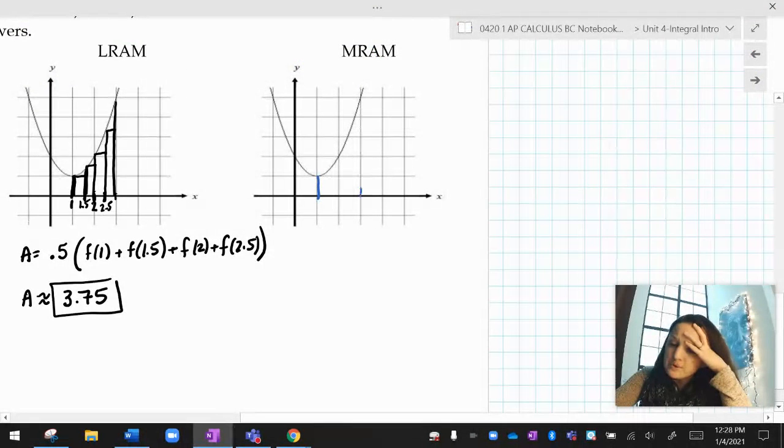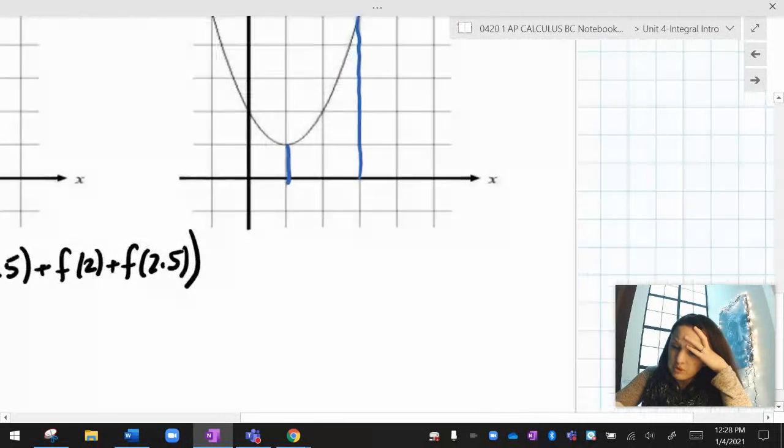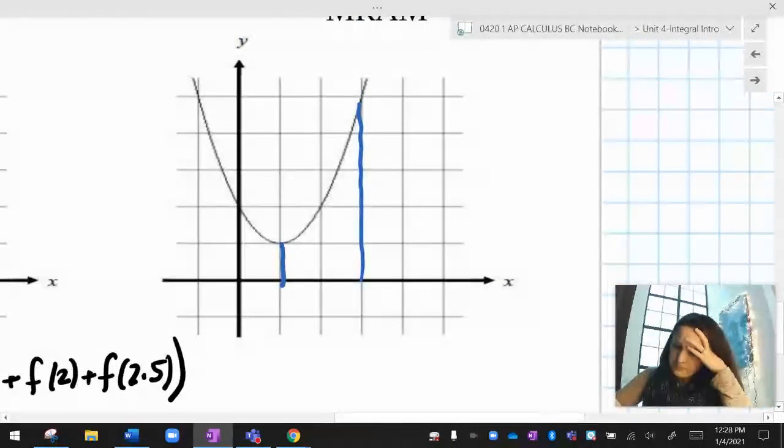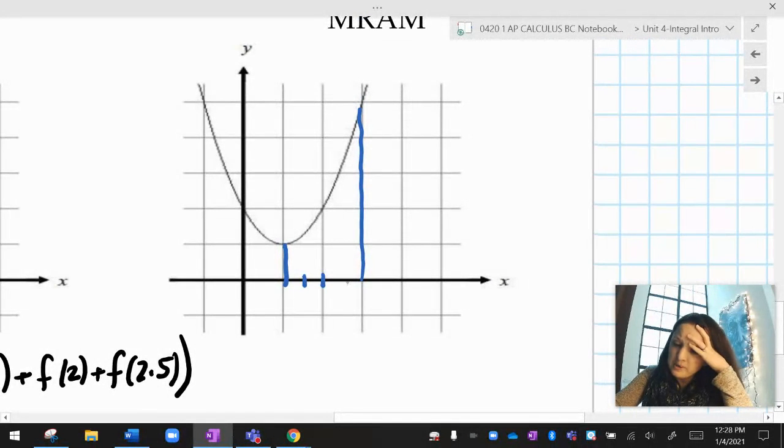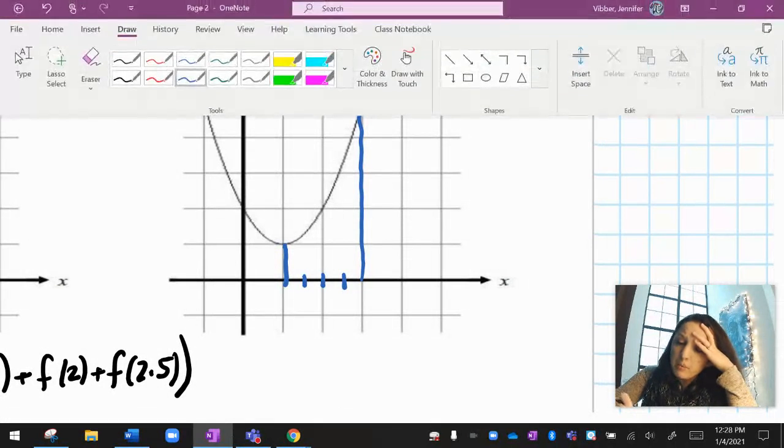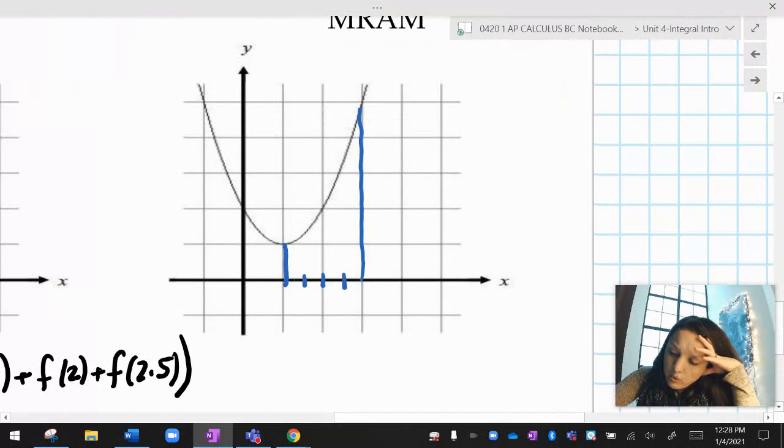So if I use MRAM this time, I'm going to zoom in a bit. I'm going to break this up into my 4 subintervals. But remember, to get MRAM, I got to go in the middle of the subinterval and go straight across and down. So if this is 1 and this is 1.5, that's 1.25.